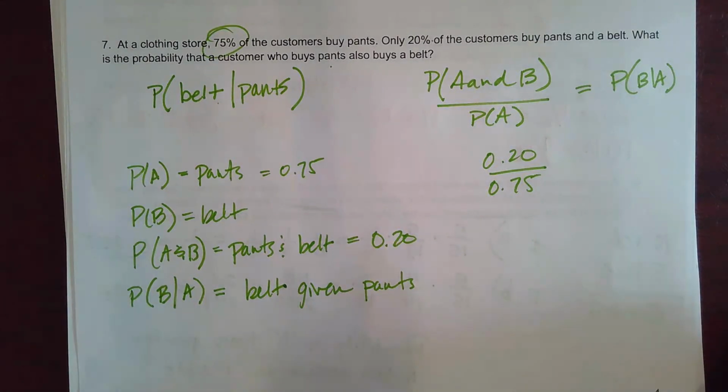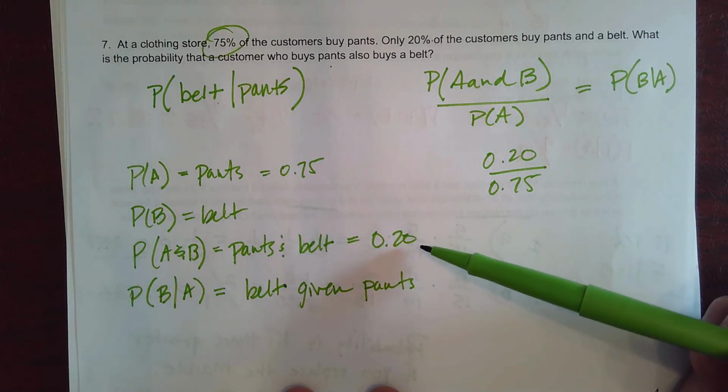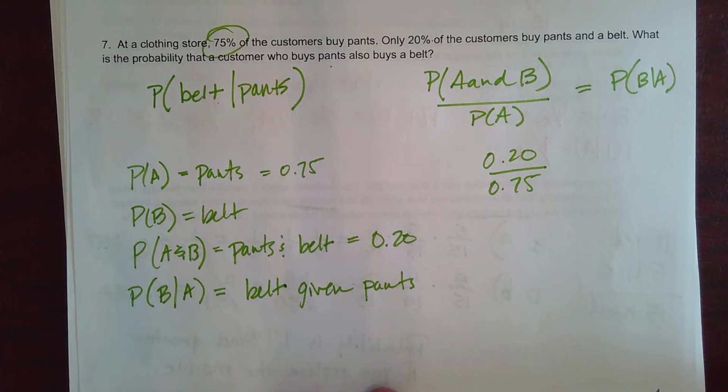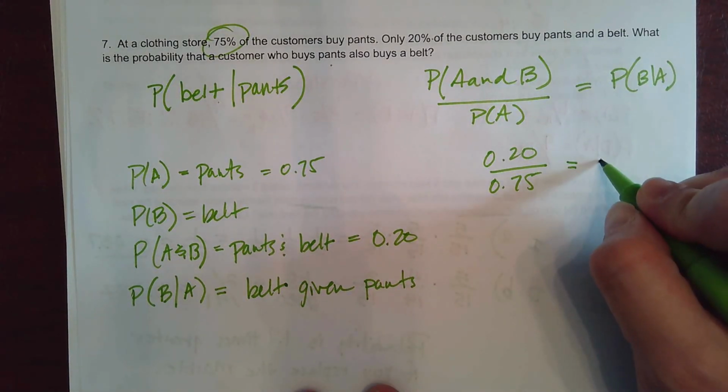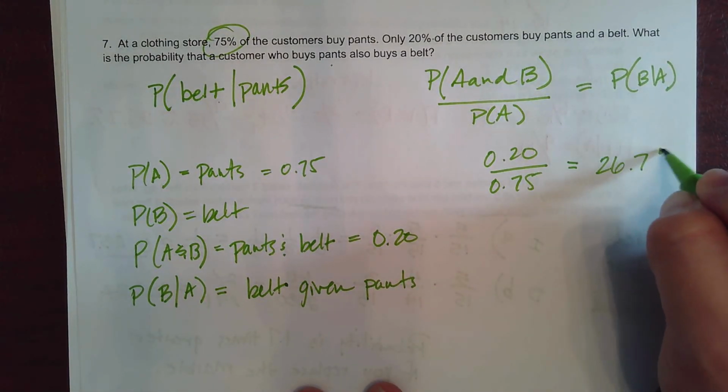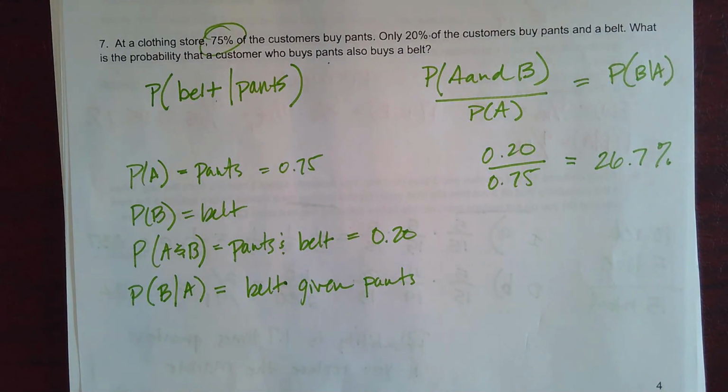So 0.20, the probability of both, divided by 0.75, the probability of buying pants, gives approximately 26.7%. That's what conditional probability looks like: the probability of something happening given that something else has already occurred.